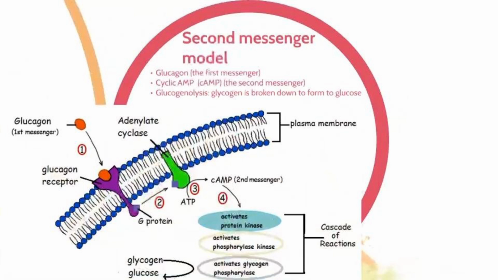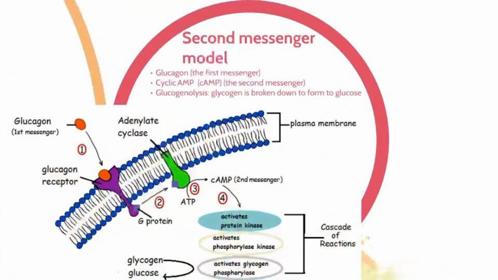This causes a conformational change in the receptor. A conformational change just means that it changes shape. So the glucagon binding to the glucagon receptor changes the shape of the receptor, and this then activates a G protein. The G protein that is activated is then used to activate an enzyme which is called adenylate cyclase, or adenyl cyclase.